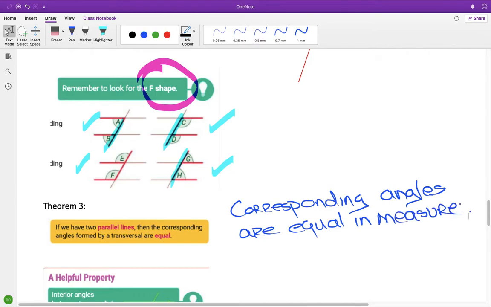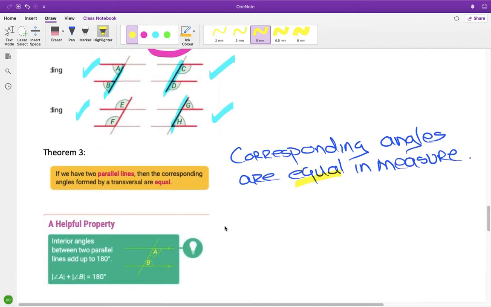So in order to get corresponding angles, you need your parallel lines and your transversal. You find the corresponding angles by making the F shape. And if all of those things have fallen into place, then those things you found are equal.